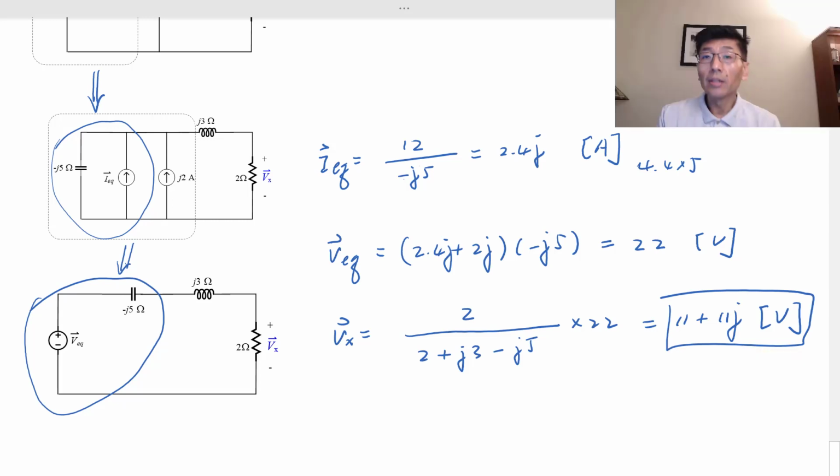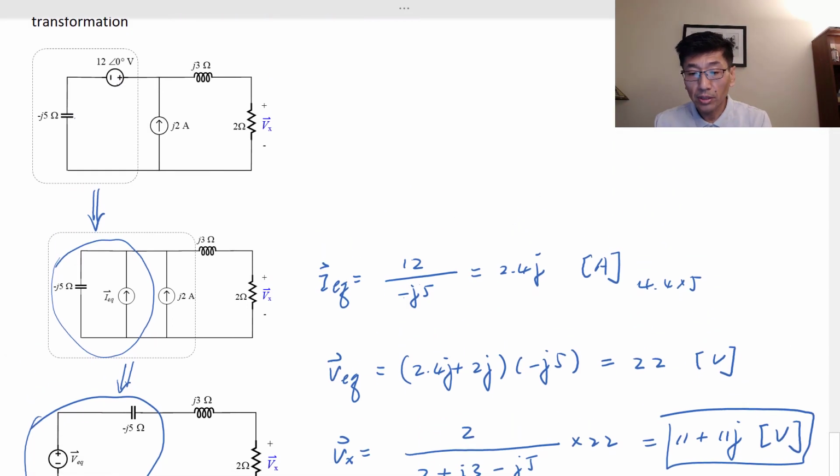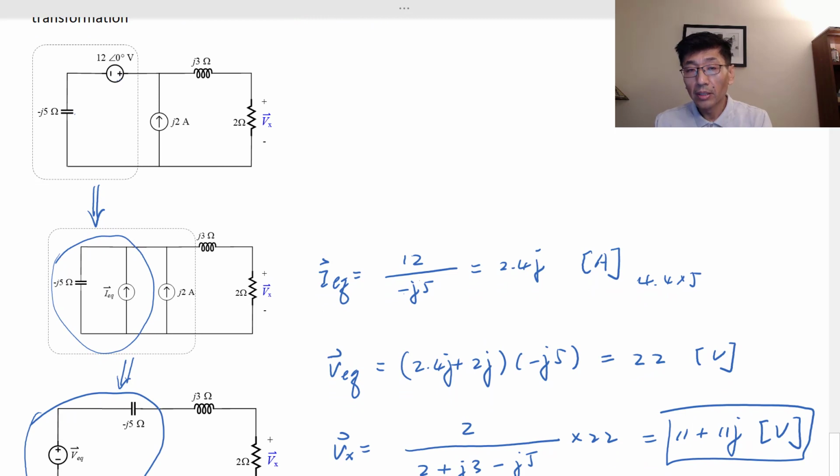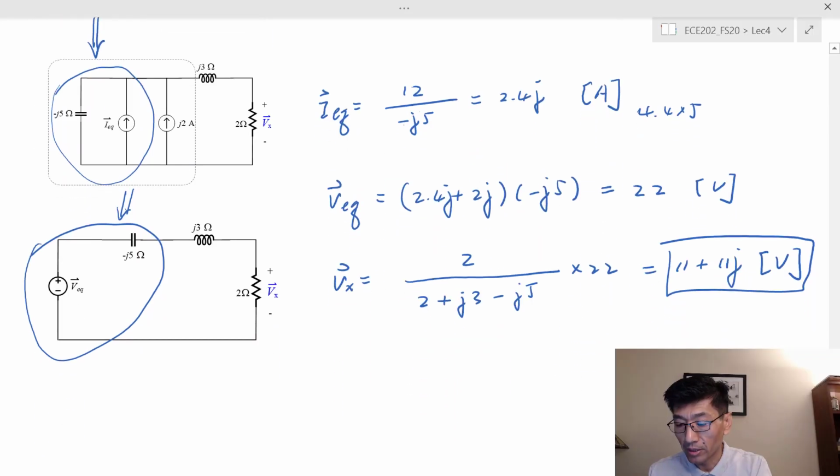So you could do many different ways of solving the same circuit, but it all boils down to the basics, right? If you don't understand the basics, it looks seemingly very difficult. So this video clip is a little bit long, but that's for superposition, and I'll start another clip to talk about the Norton equivalent circuits.